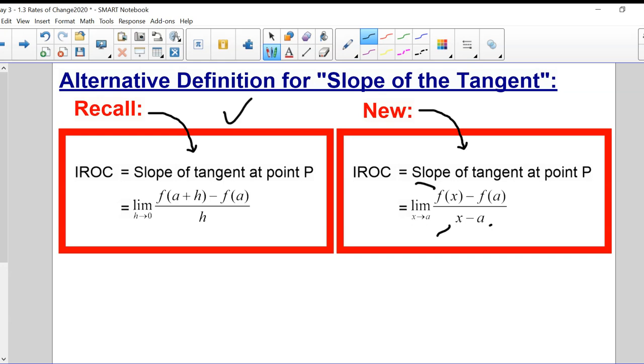We're going to say as x approaches a, as the x value that you're using gets closer and closer to a. I know that might sound a little abstract until we actually do one. But later on, you're going to have a problem set question which actually uses this approach.